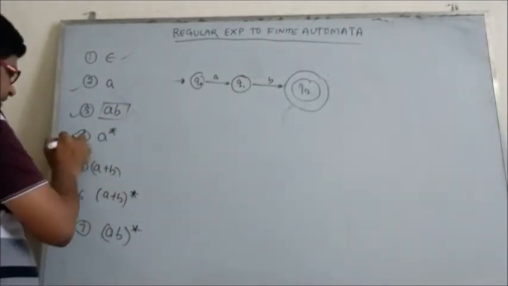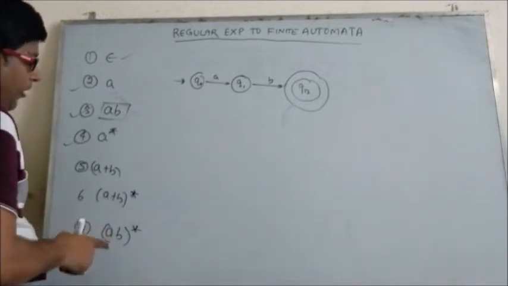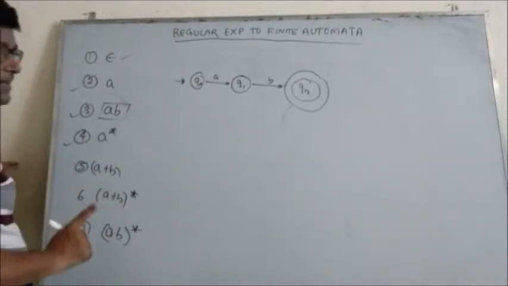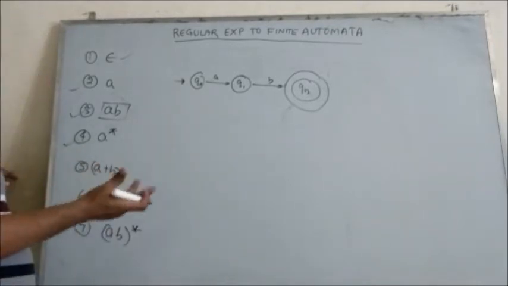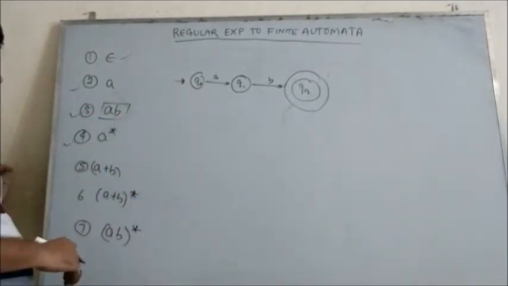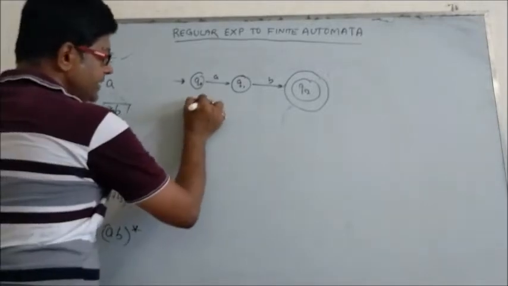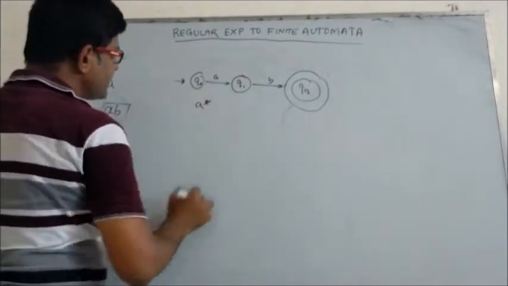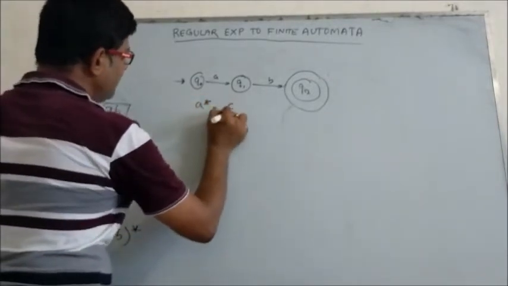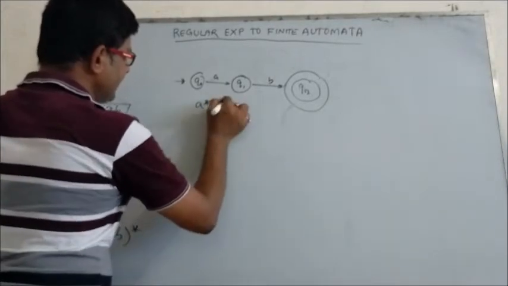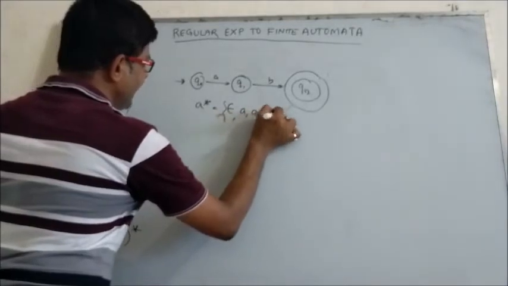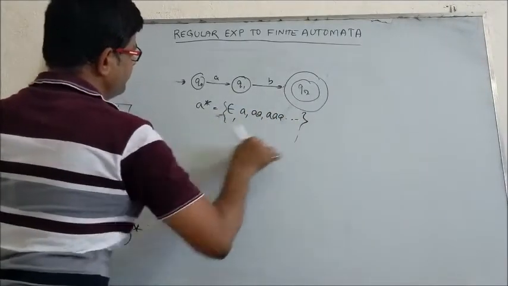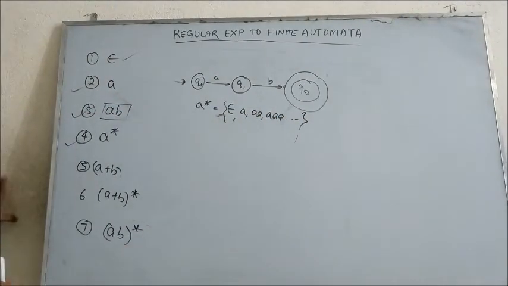Come to the fourth one, that is your A star. Now for A star as a regular expression, try to generate the strings. What will be the regular language for this regular expression? For A star I will get first epsilon, second A, third AA, fourth AAA, and so on, right?